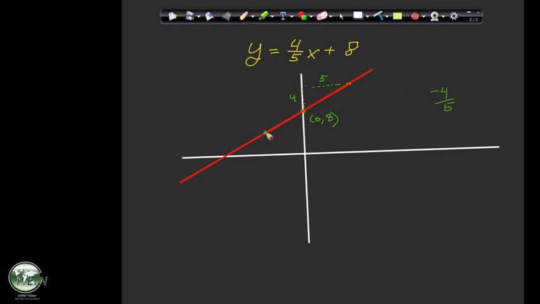The way I got this point here, I went down negative 4, and then when I go back 5, that's a negative 5. So I still get the same ratio because negative 4 over negative 5 is equal to 4/5, because a negative divided by a negative is positive.